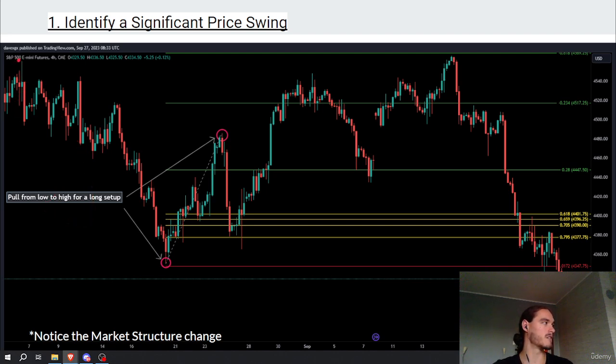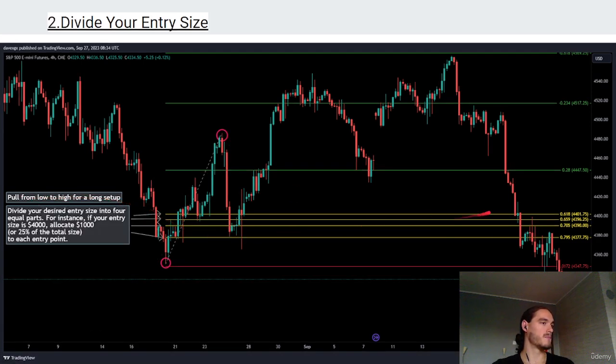You have a high and a low, a lower high, lower low, lower high, lower low, lower high, lower low, lower high, lower low, and then your lower time frame market structure breaks. We have a market structure change, and then we can pull the tool from the low to the high and then get in on the retracement.